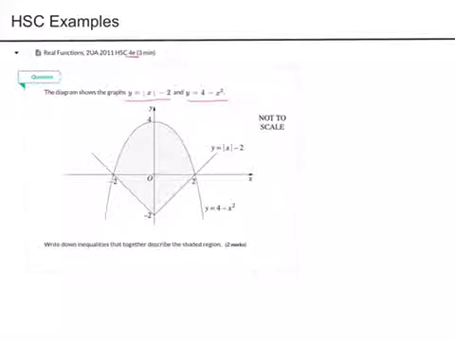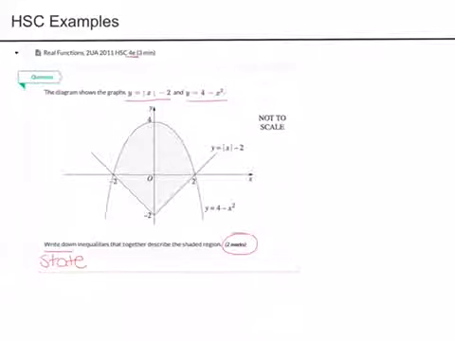The region between these two functions has been shaded, and we've been asked to write down the inequalities that describe the shaded region for 2 marks. Looking at the key verb here, write down or state, this question is just requiring us to identify the two correct inequalities that give us back that shaded region.